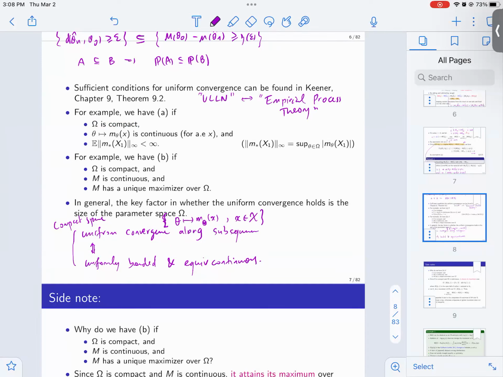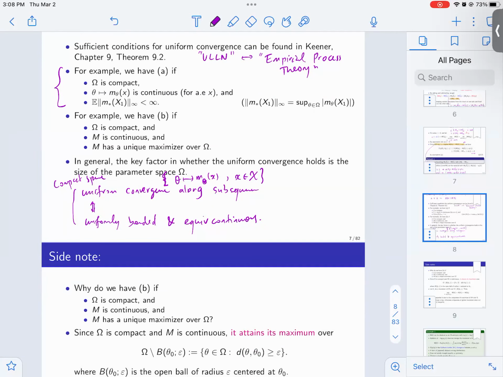So there are some high-powered tools that people have developed to establish these kinds of uniform convergence results, by applying the law of large numbers uniformly across a class of functions, or a class of parameters if you want. So rest assured that there are conditions. Theorem 9.2 is pretty readable, I guess, and it gives you the proof. But we're not going to go over that.